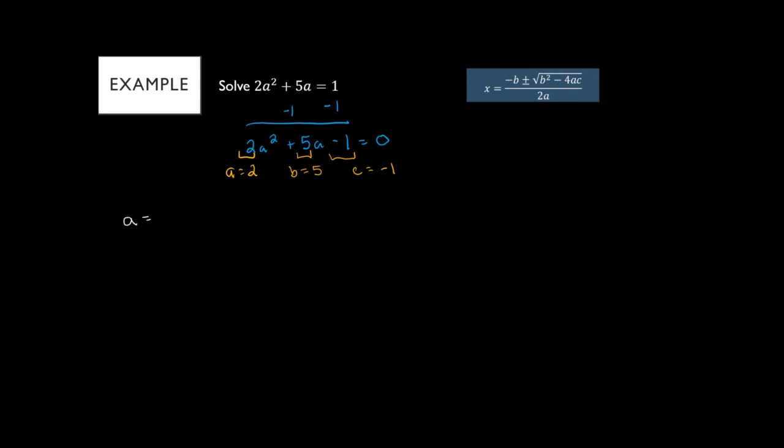So we have our formula: -b, so that is -5, plus or minus the square root of b squared, so 5 squared again, minus 4 times a, which is 2, times c, which is -1, and the whole thing is over 2 times a, so that's 2 times 2. Make sure every time you're writing these by hand that your lines extend as long as they need to be so that you don't accidentally leave things off.